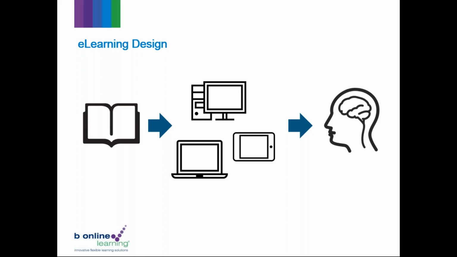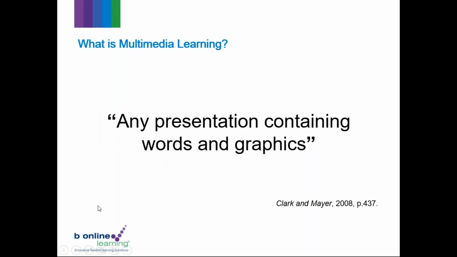So let's think about how people process information, as that might help us right back at the start. So we're in a way starting at the end and coming back to the start. This particular theory is called multimedia learning, but essentially it's around e-learning. They have a quite simple definition.